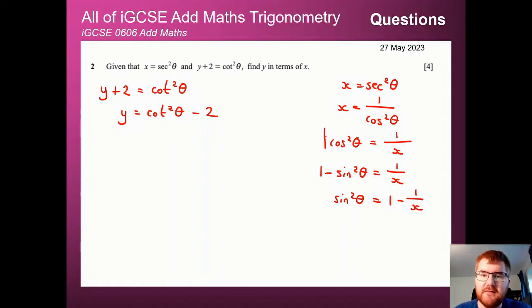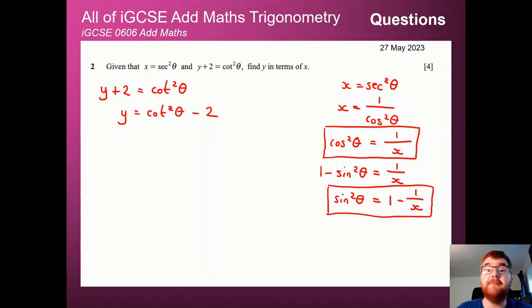So what I've done here is use that x part to work out cos squared theta in terms of x and also sine squared theta in terms of x. Now we're going to use a fact we've already looked at in a previous question here, which is that cot squared theta is equal to cos squared theta over sine squared theta.